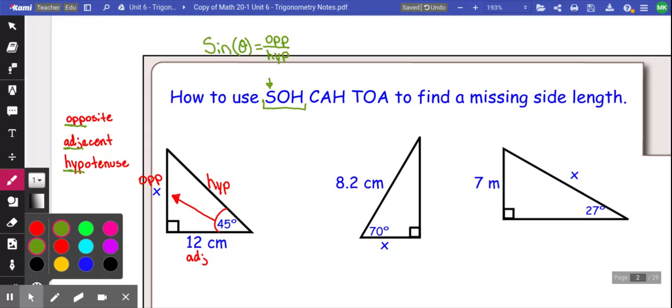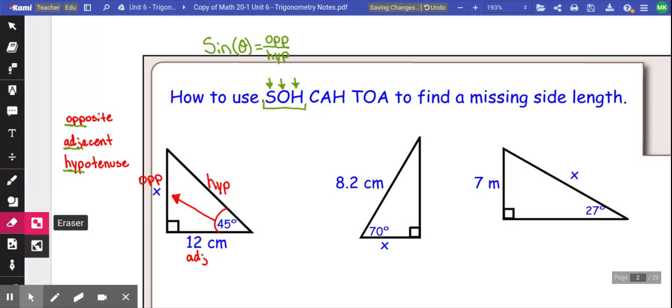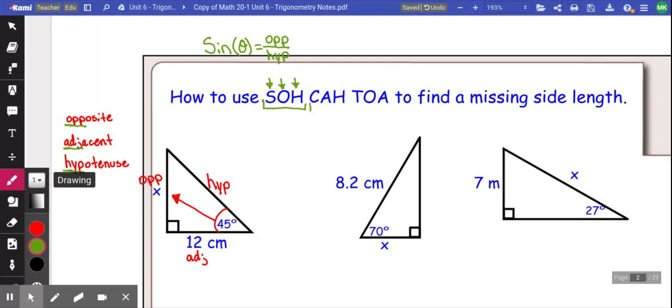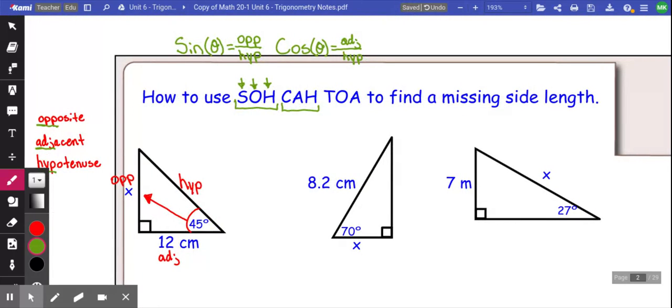The S stands for sine, O stands for opposite, divided by H, which is your hypotenuse. Ka tells you that cos of an angle equals your adjacent side divided by your hypotenuse side. C is for cos, A is for adjacent, H is for hypotenuse. And the last one, toa, that's tan of an angle equals opposite over adjacent.